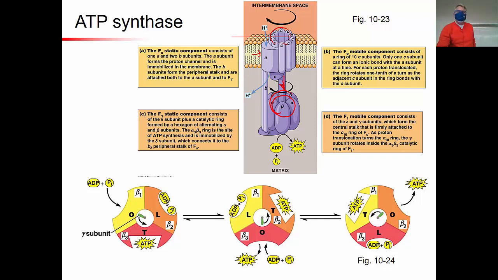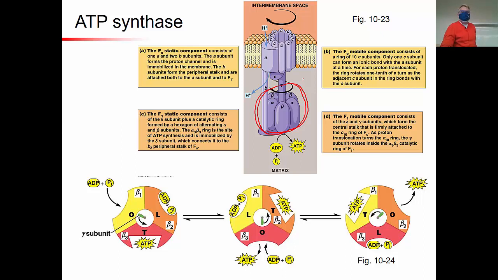So this stalk, shown in green here, as it rotates, it changes the shape of those beta subunits. So let me back up here. When we look at this part of the structure, which is actually where the ATP is produced, it's composed of alpha and beta subunits. And we always just ignore the alpha because all the really good stuff happens in the beta, right?